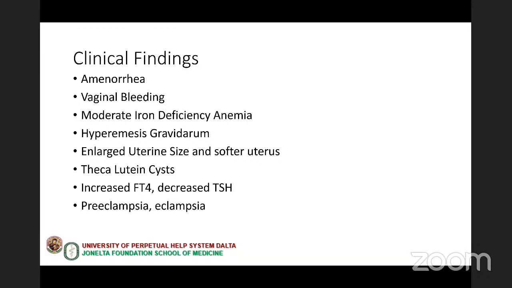It would produce anemia, hyperemesis gravidarum because of increased beta-HCG levels, enlarged uterine size because of the proliferation of your trophoblastic villi, softer uterus, theca lutein cysts, increased free T4, decreased TSH, preeclampsia, and eclampsia. So by listing the following, you will see that there are a lot of risks involved in hydatidiform mole.